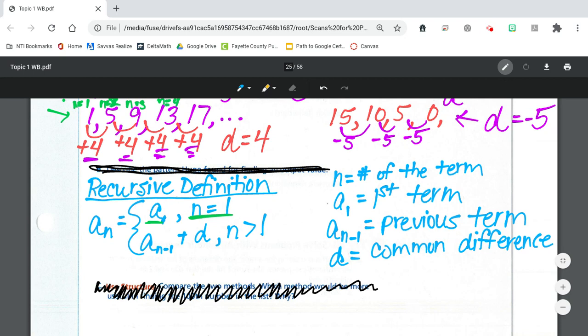So a sub n minus 1 means you take the previous term, and then plus D, you add the common difference. So the recursive definition says, okay, you've got your first term, that's that first line, but if it's anything after the first term, you take the previous term and you add the common difference. So let's go ahead and do an example before we come back and take a few more notes.